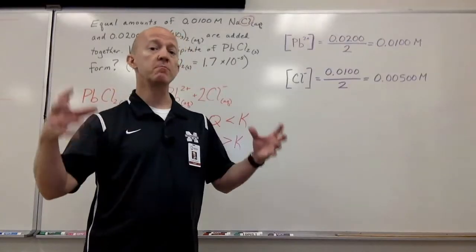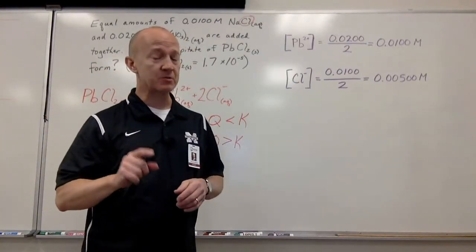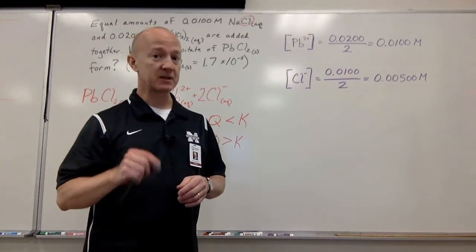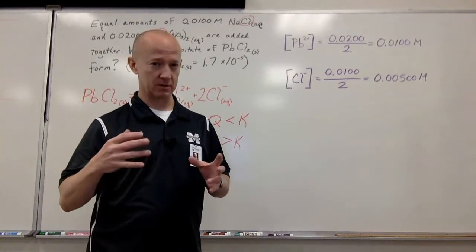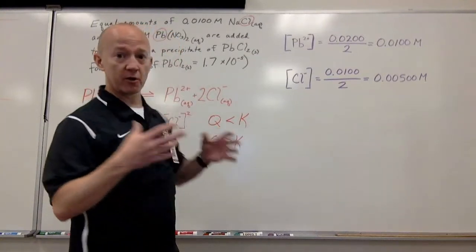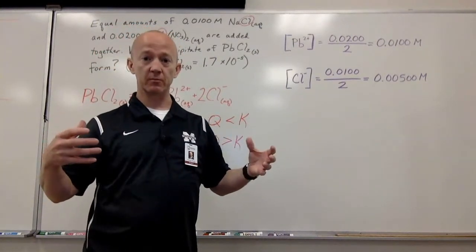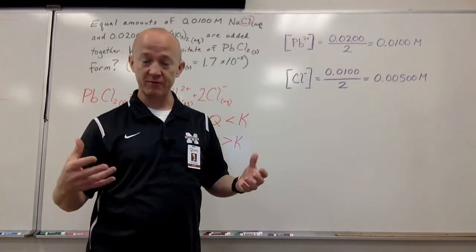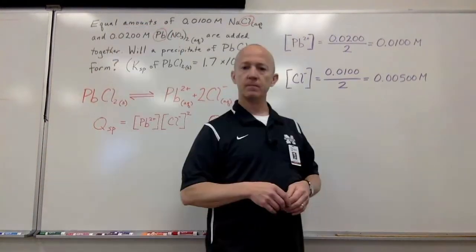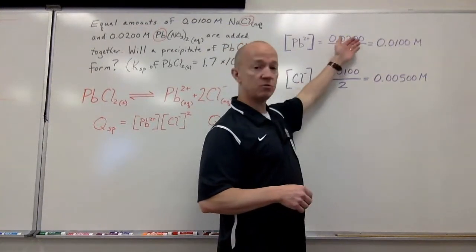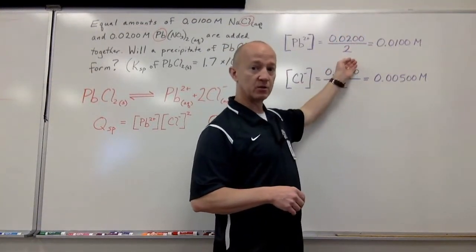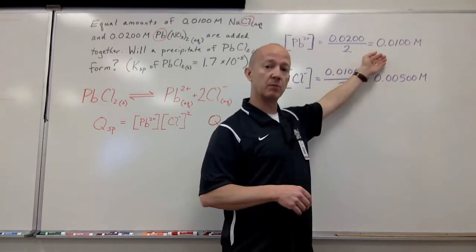Since we mixed these two equal amounts together, that means the concentrations of each one is cut in half. You get it? We went from one volume to double the volume, so that makes the concentration half as much of each one. So we find the concentration of lead by taking the concentration of lead(II) nitrate and dividing it by 2, which gives us 0.01 molar.